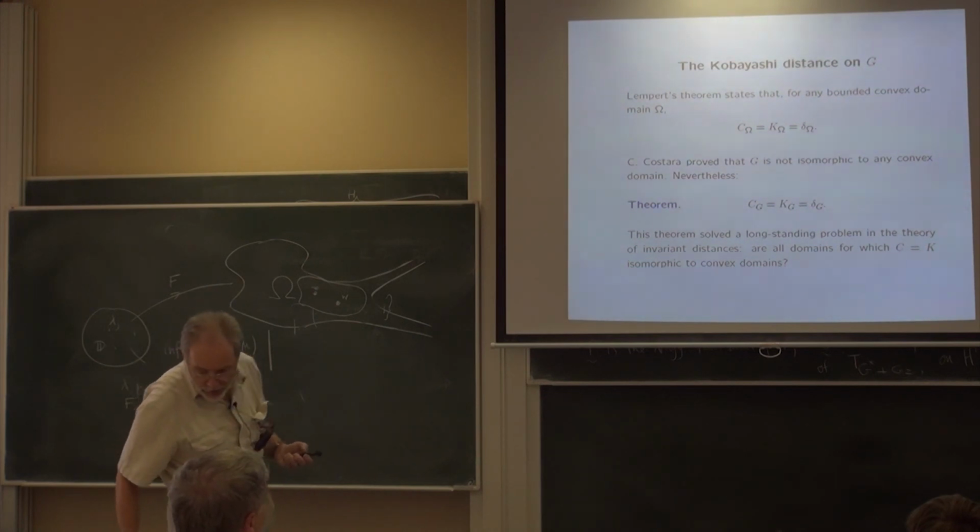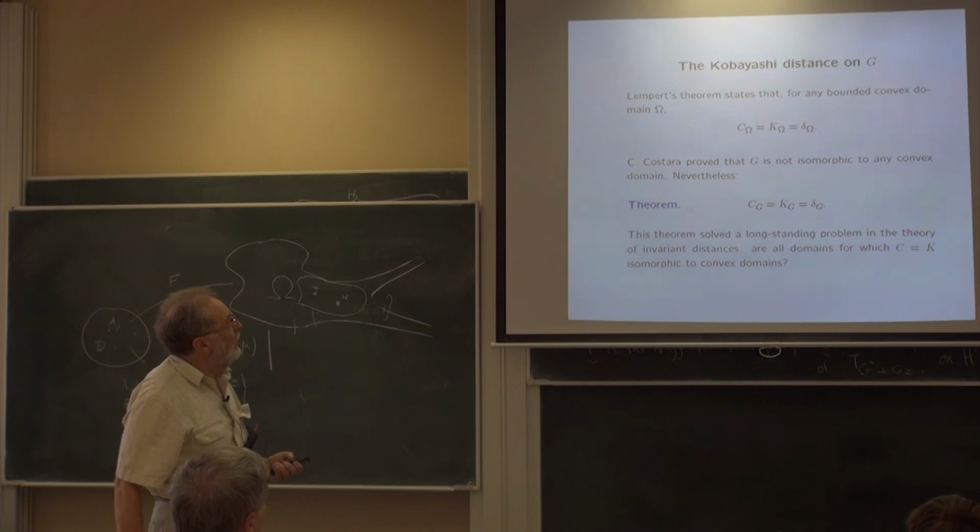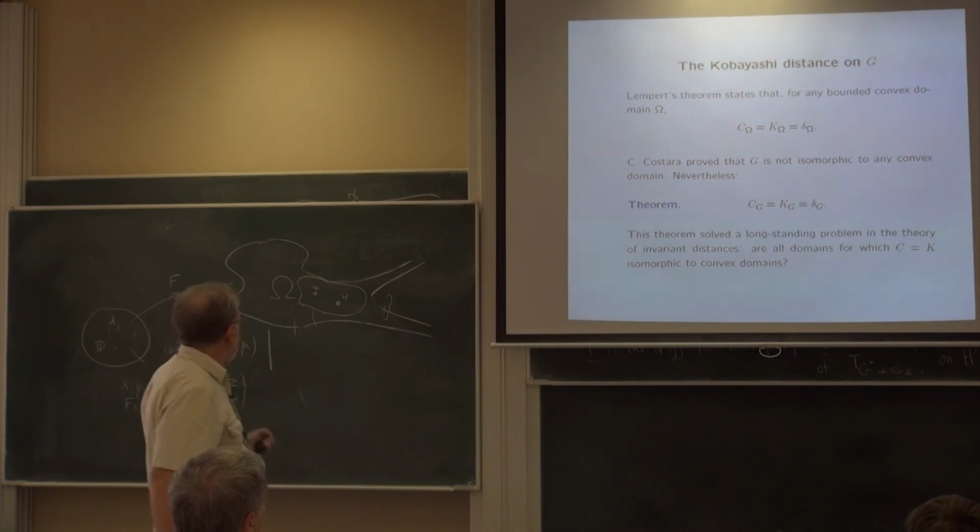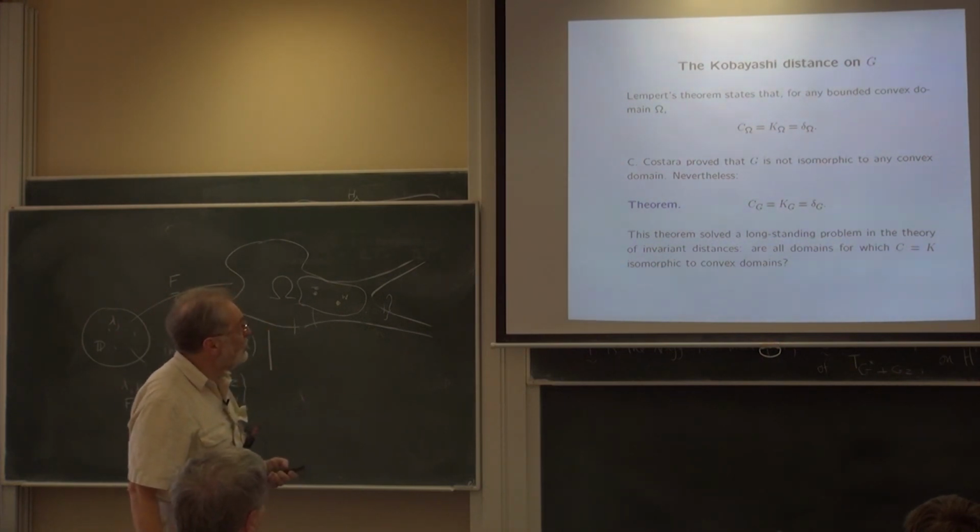The major theorem in the area is Lempert's theorem, which says that if the domain omega is convex, then actually the Kobayashi and the Carathéodory distances coincide. But that's not true in general, for a general domain omega.